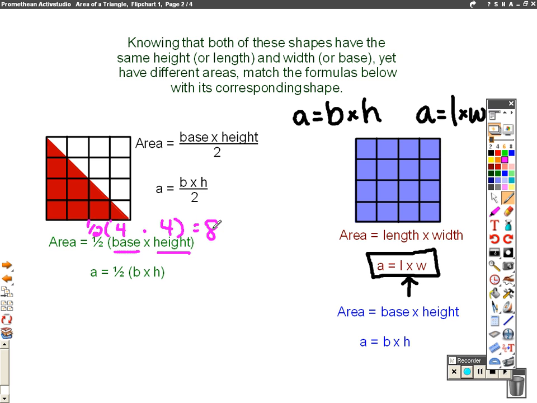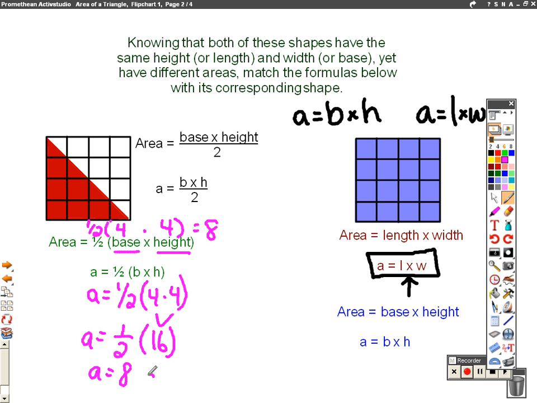Now, if we wanted to substitute those values, we would say area equals 1/2 of 4 times 4. 4 times 4 is 16 because we always do the parentheses first. And we'll see that 1/2 of 16 is 8 square units.